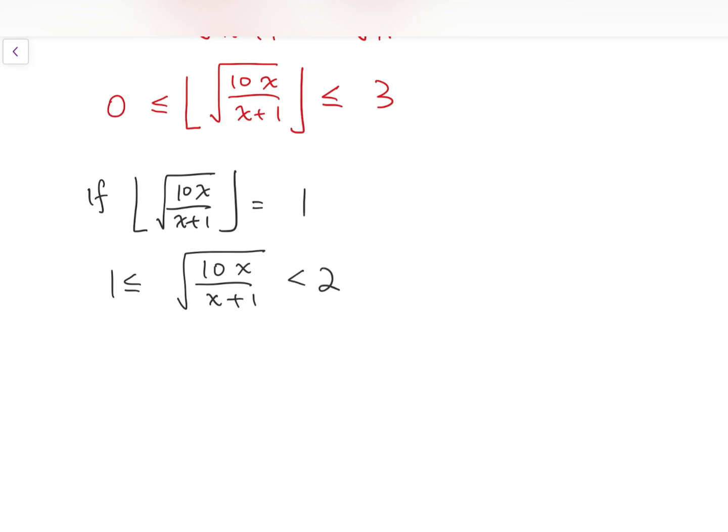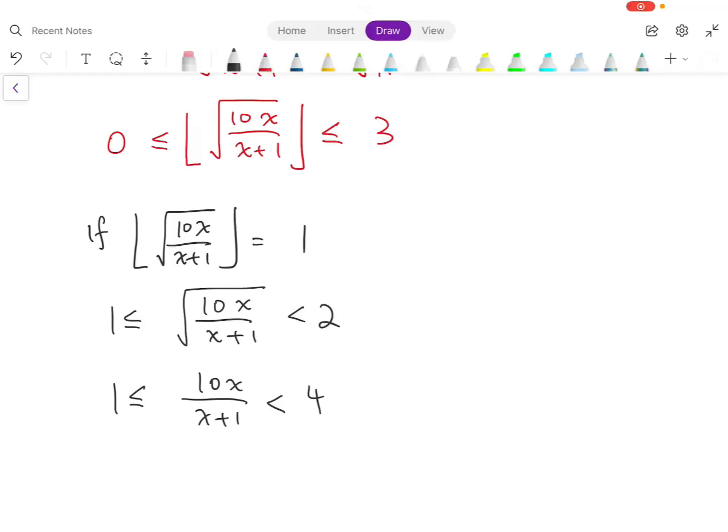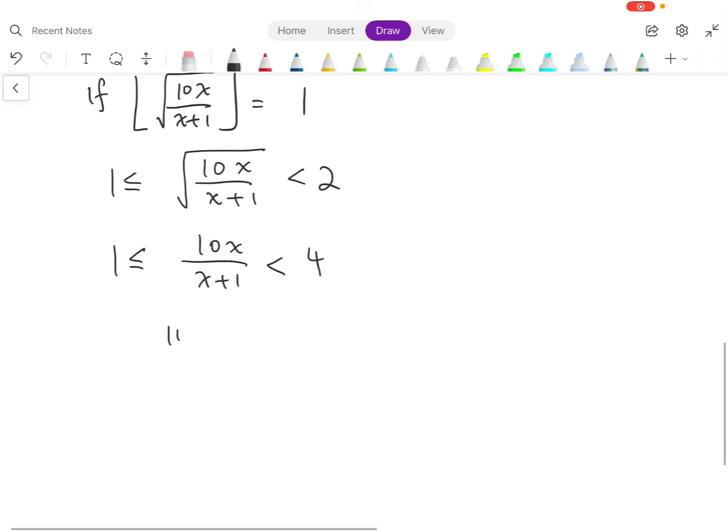It can take 1 but not 2. We can square each part of the inequality, and we have 10x over x plus 1 between 1 and 4. Then I can return to 10 minus 10 over x plus 1. That's between 1 and 4.